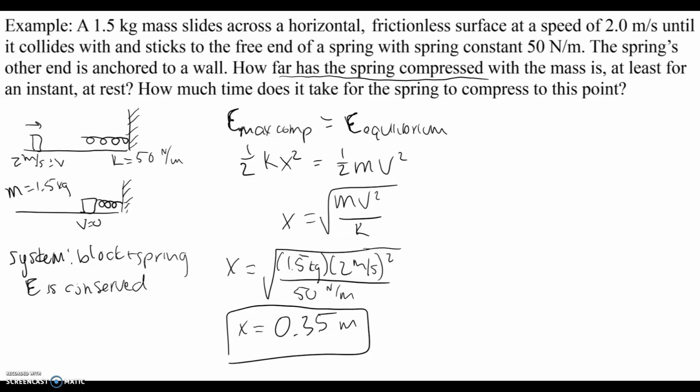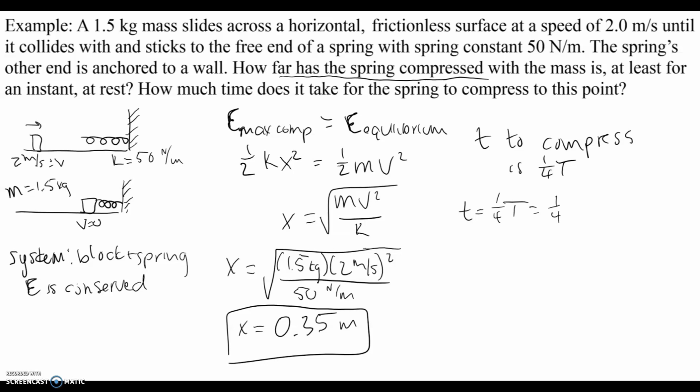So in terms of how much this compression is of that total period, it's 1/4. So the time to compress is 1/4 of the period.